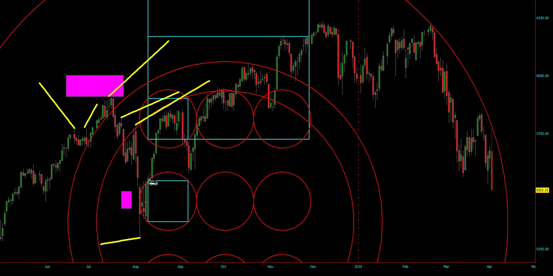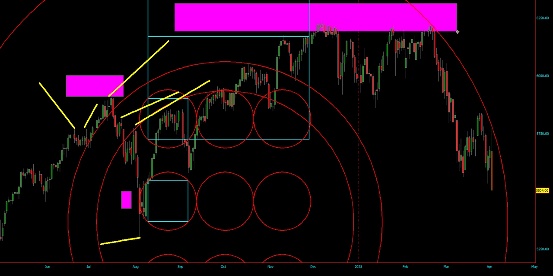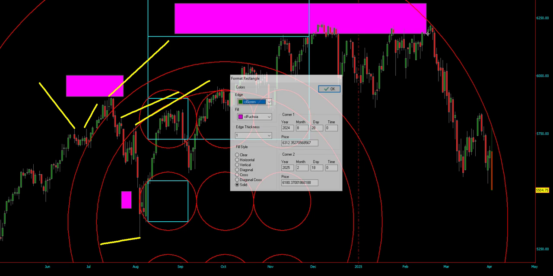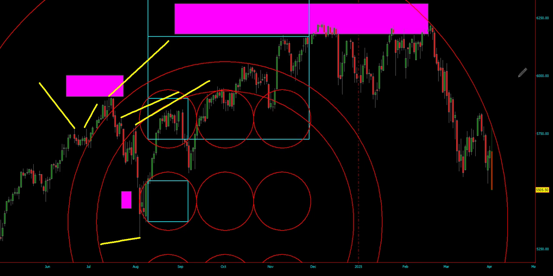Big initiative bar projected in August that this huge mega range top is coming, and what triggered the short of this is the outer circle. This is where you know what's going on.